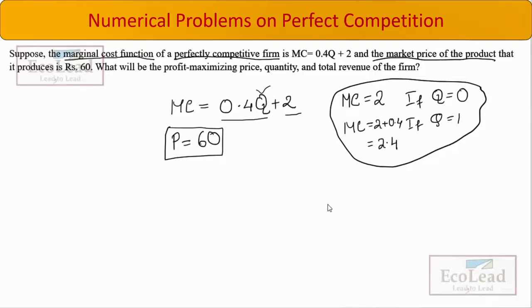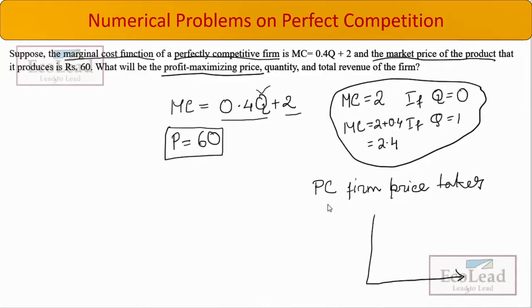Now the first question is, what is the profit maximizing price? A perfectly competitive firm is basically a price taker. Now in this market, suppose this is the market quantity and this is the market price.